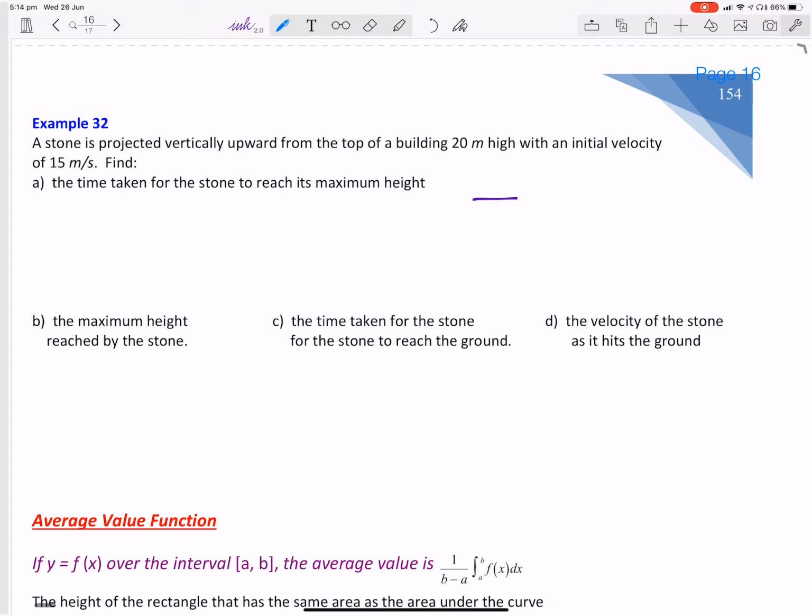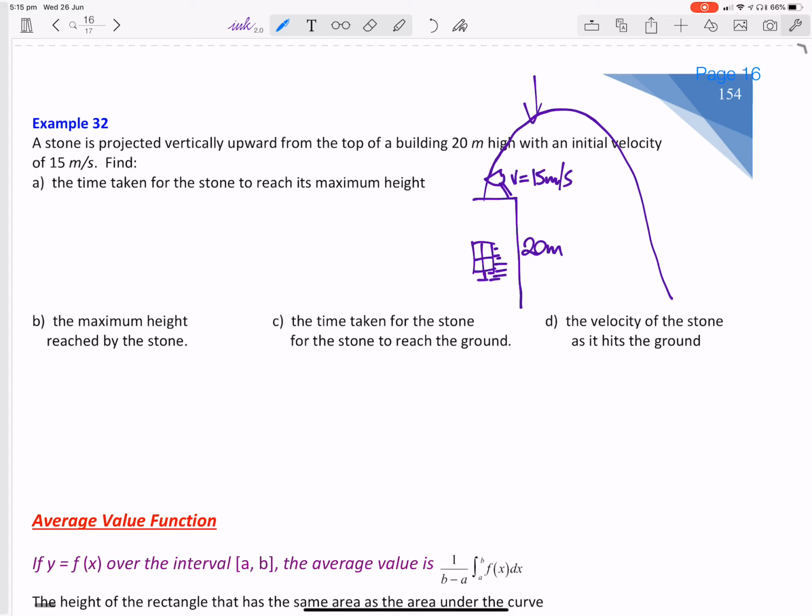So here's my building. A good diagram always helps do the question. I'm going to say here's my catapult. It's projected upwards and it comes back down. This is 20 meters off the ground. When it takes off, its speed v is equal to 15 meters per second.